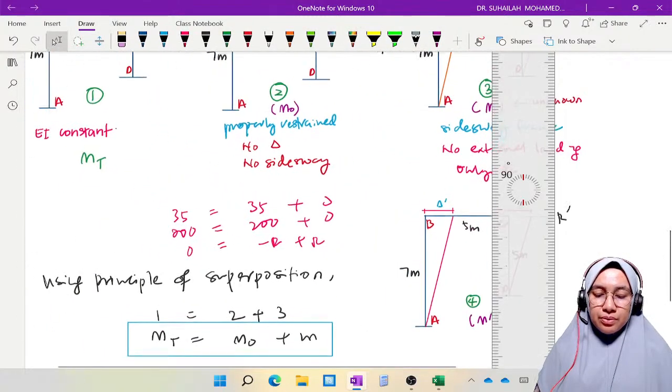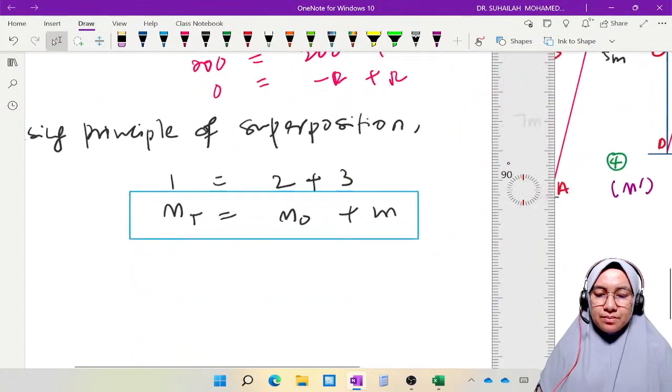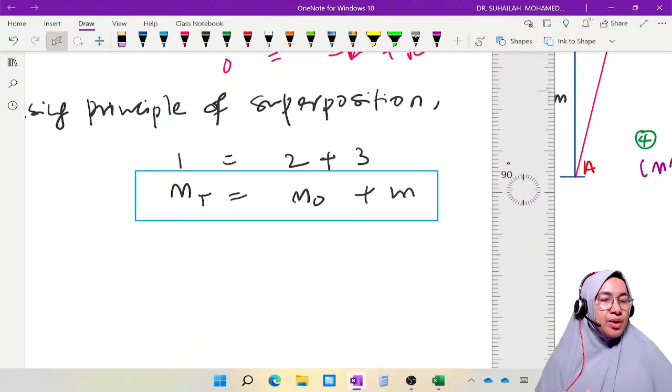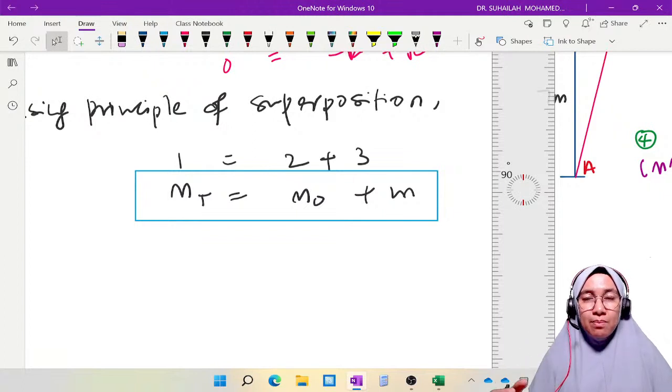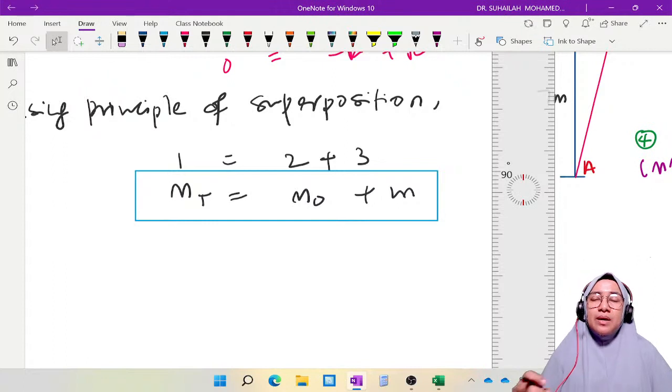So remember this equation. m total is the total moment considering both external loading and side sway, both external loading and delta. So it is m naught plus m, based on the principle of superposition.